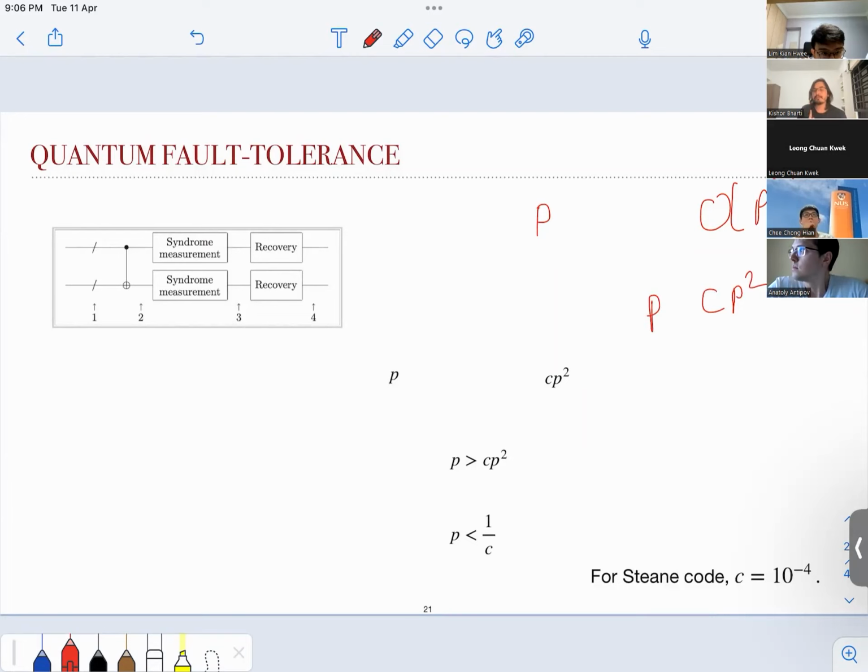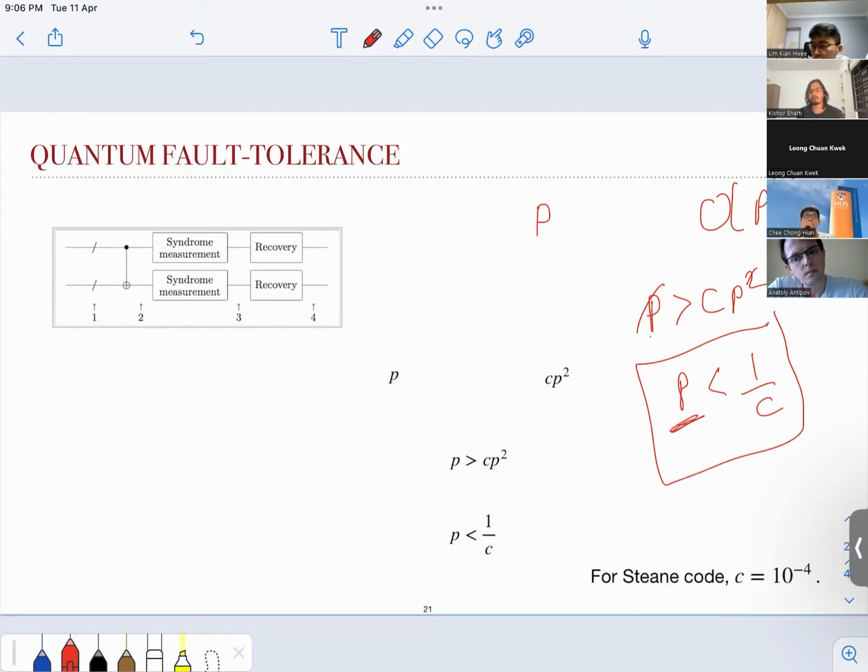And you will benefit only if P is greater than CP squared. If otherwise, let's say the constant is too big, then you have not benefited. So this P will cancel here, and this means that P should be less than 1 by C. So this P that you get here is called the threshold.